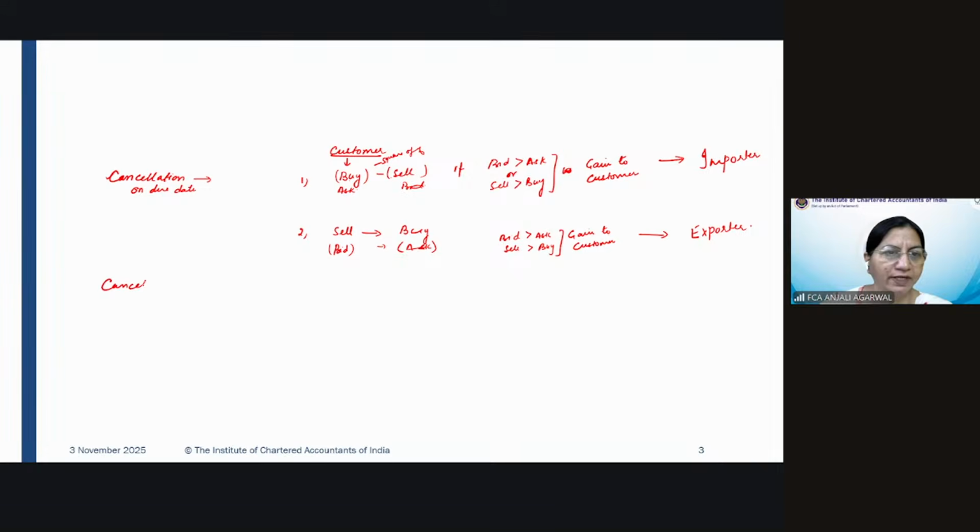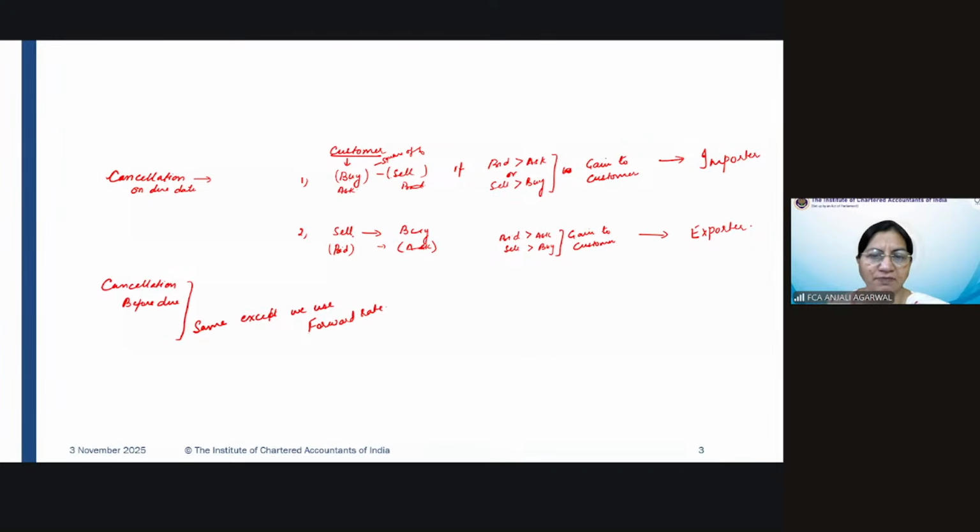Cancellation before due date. Same aspect. Everything will be same except we use forward rates. So the customer has taken a buy position. He will take a sell position at a forward rate.